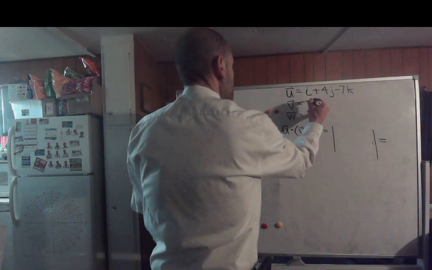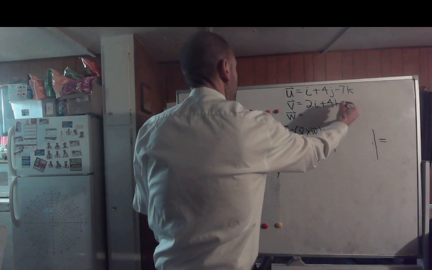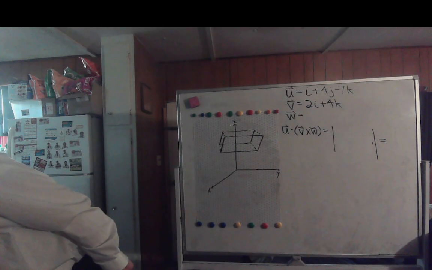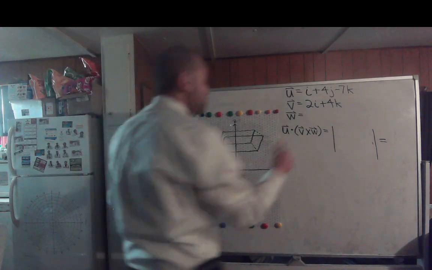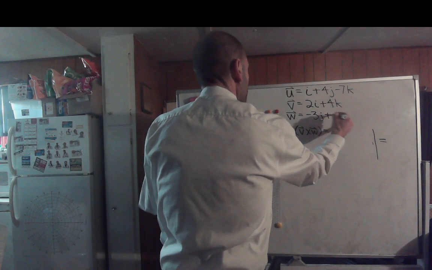Vector v is 2i plus 4k. Vector w is negative 3j plus 6k.